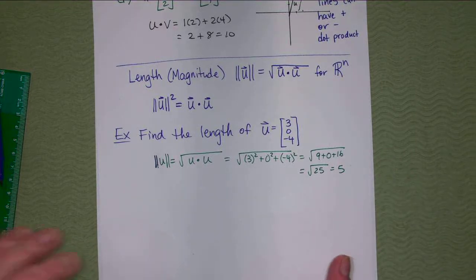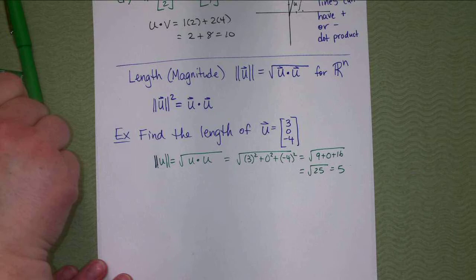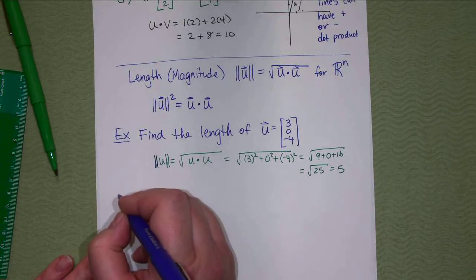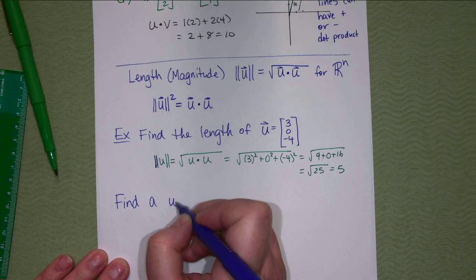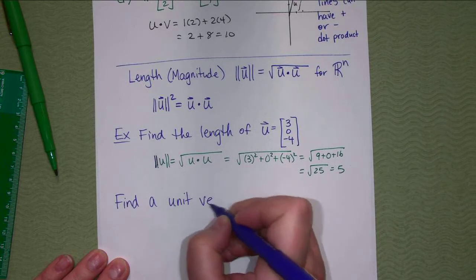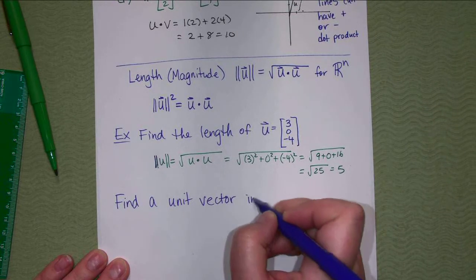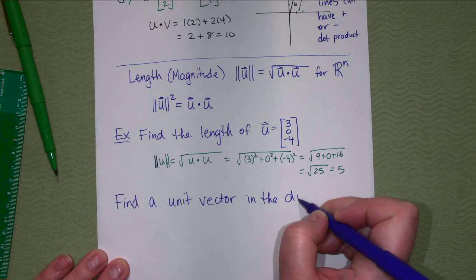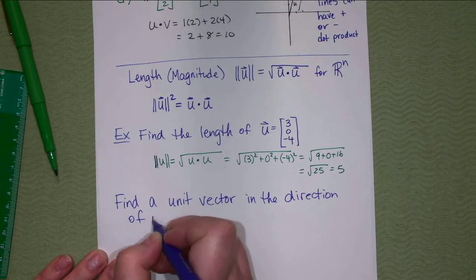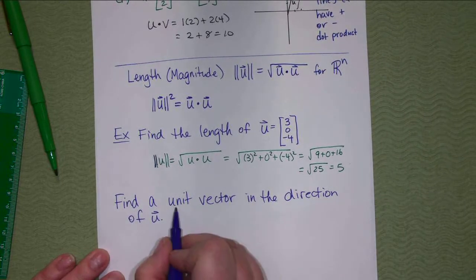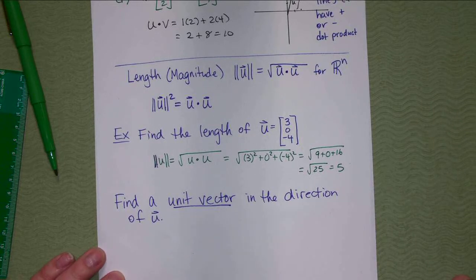Now, we have something that's called a unit vector. So, what's a unit vector? Unit means 1.